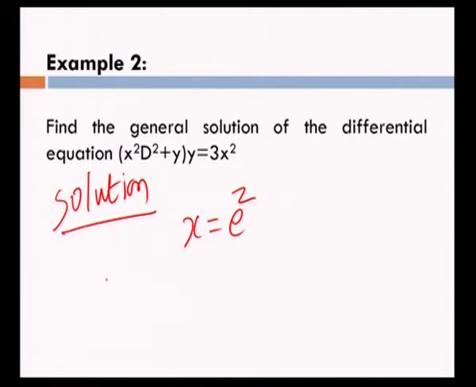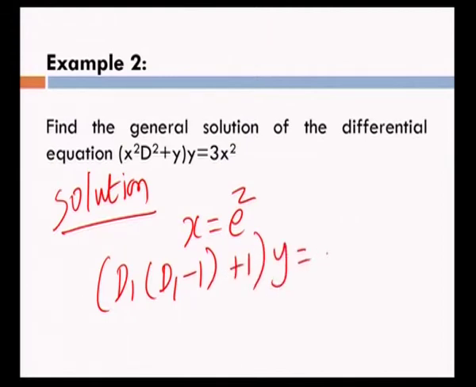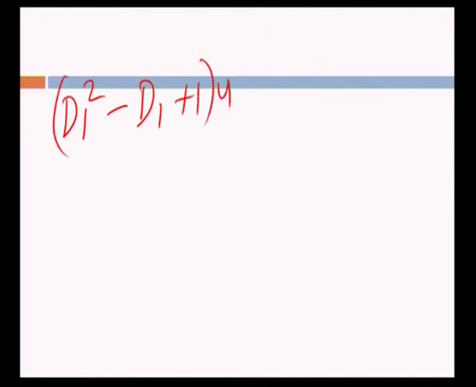Substituting this x is equal to e power z, the given equation reduces to d1 into d1 minus 1 plus 1 into y is equal to 3 into e power 2z. This is how the given equation will reduce. Then further simplification of this equation will give d1 square minus d1 plus 1 into y is equal to 3 e power 2z.